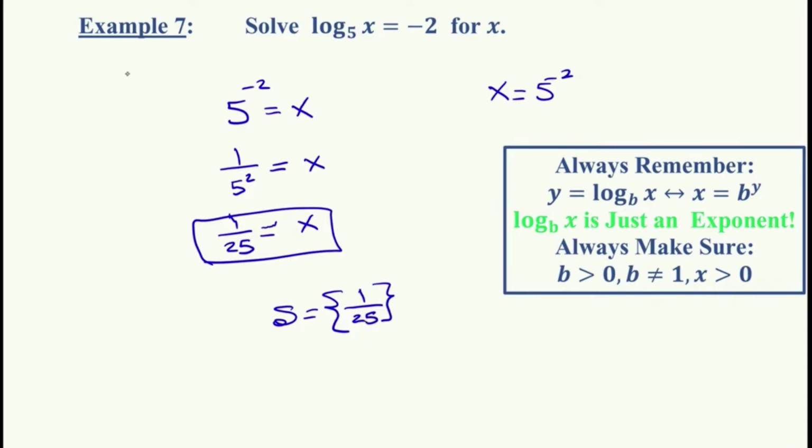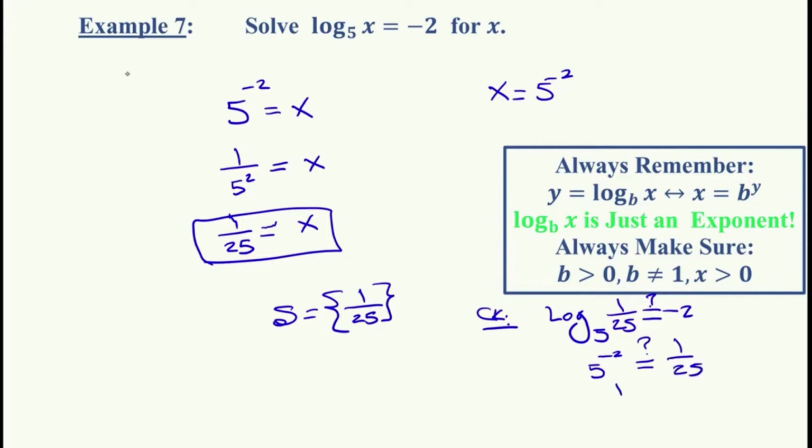We could just say log base 5 of, we're going to plug in 1 over 25 for x, and we're going to check to see if that's equal to negative 2. When we convert that to exponential form, we get 5 to the negative 2, and we want to know if that's equal to 1 over 25.